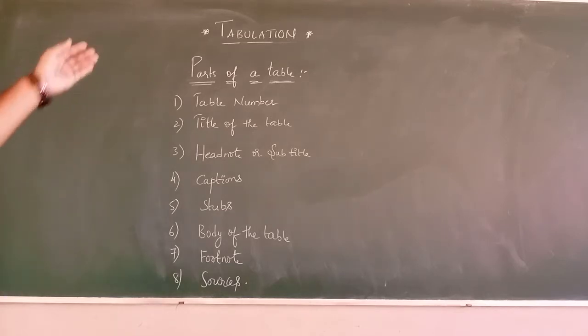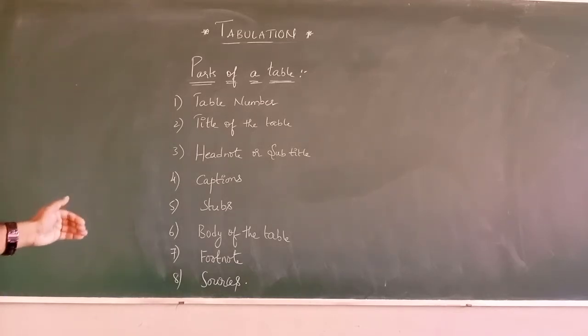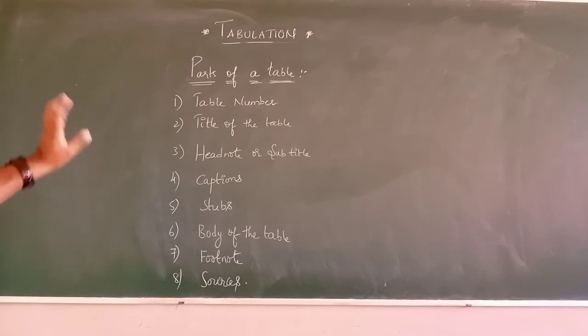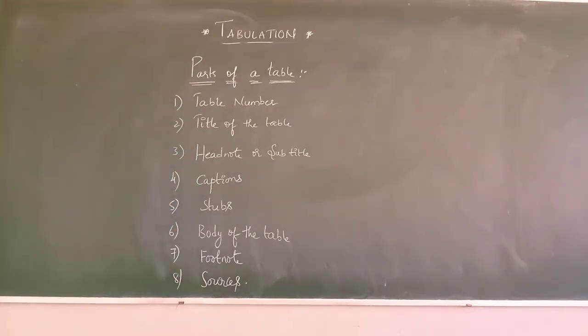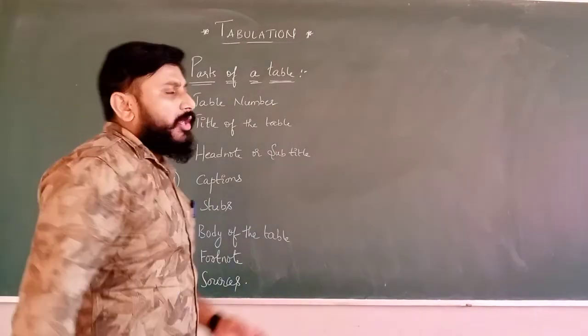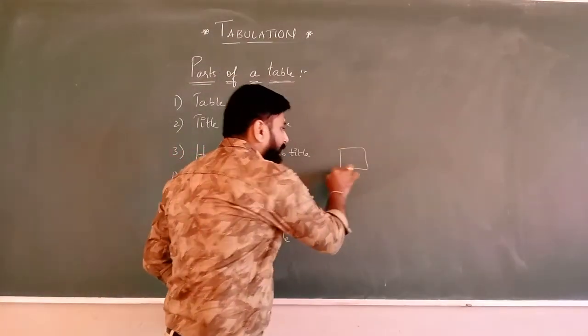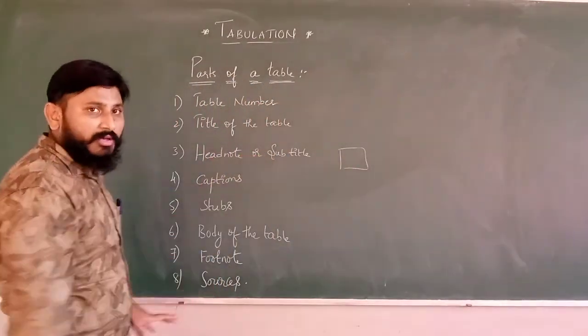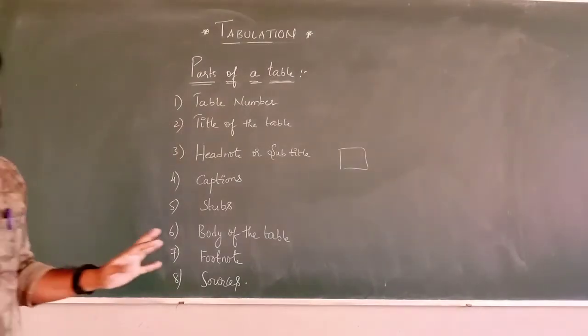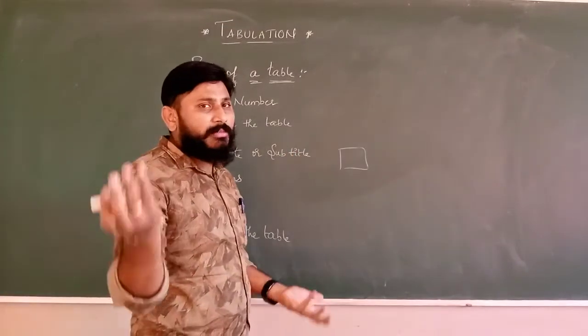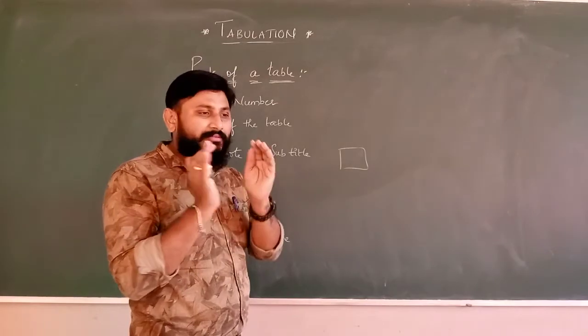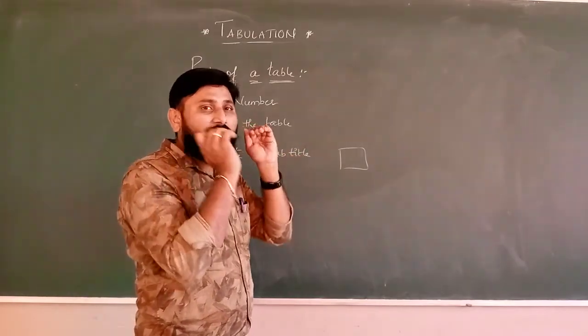Now, what do all these mean individually? Number 1, table number. Generally, a number should be given to each and every table. Suppose you have small data, within one table only the data can be framed in terms of rows and columns. For this, table number is not required because data is small and within one table only the data has to be fitted.